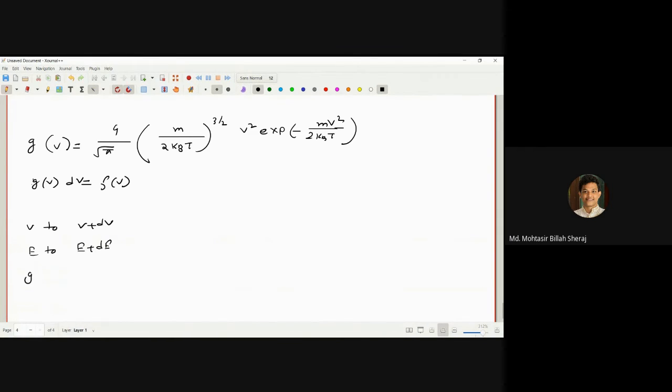Whenever you try to calculate any quantity from one distribution function to another distribution function, be a little bit more cautious so that no mistake happens. So g(v) dv equals g(E) dE.